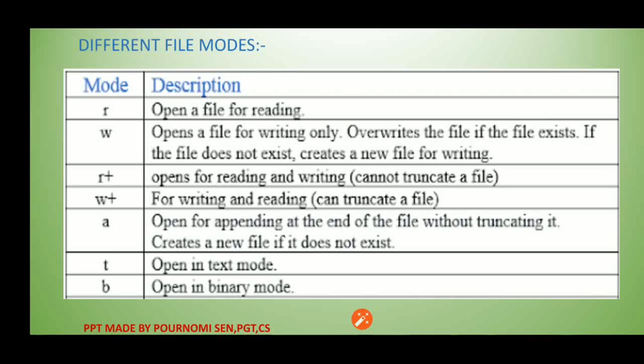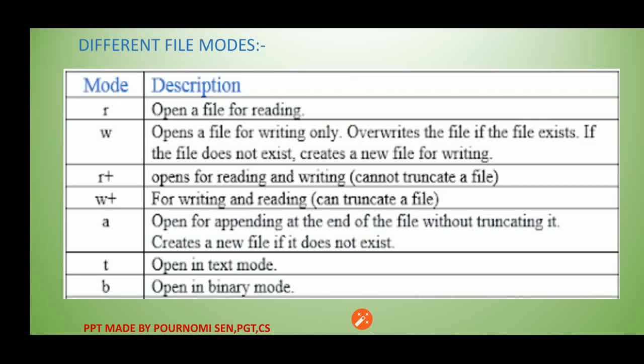It will not be deleted, because if it is deleted, you cannot read. Second one is W. It will open a file for writing only. It overwrites the file if the file exists. That means if there is a file with the same name, it will open that file and its old contents are removed. If the file does not exist, it will create a new file for writing.